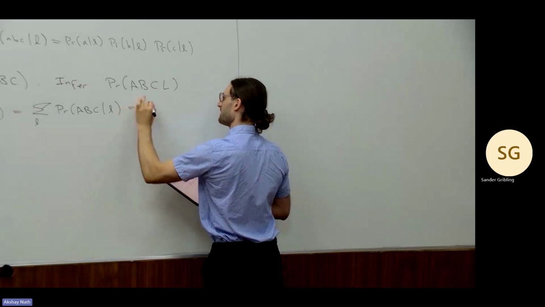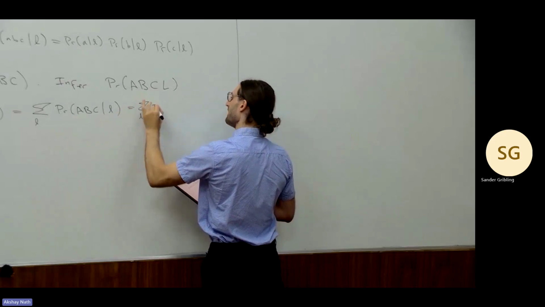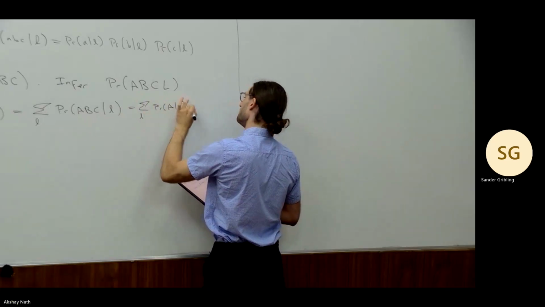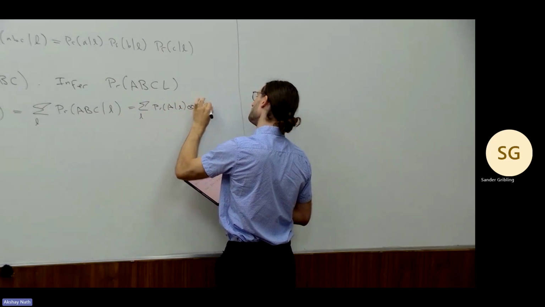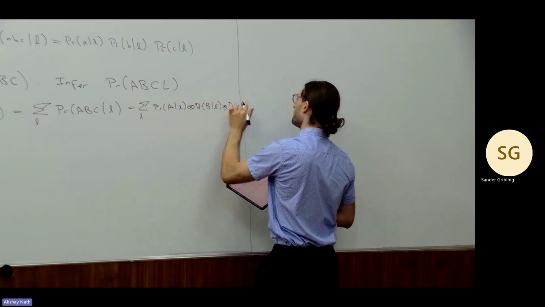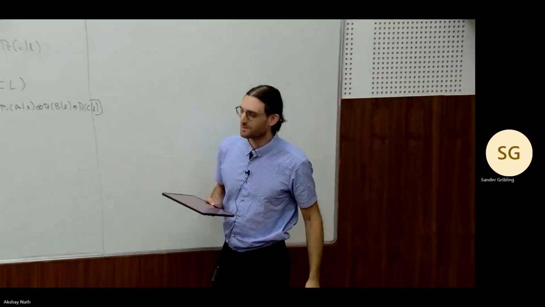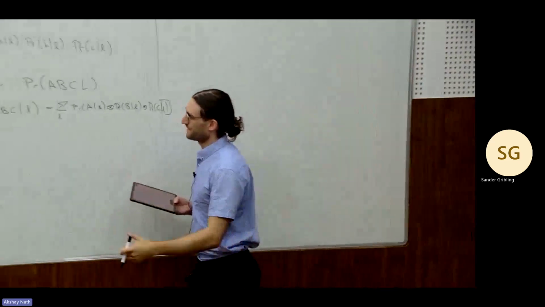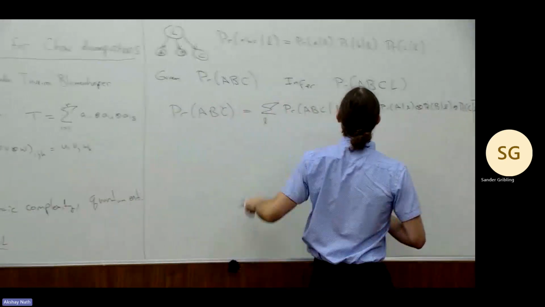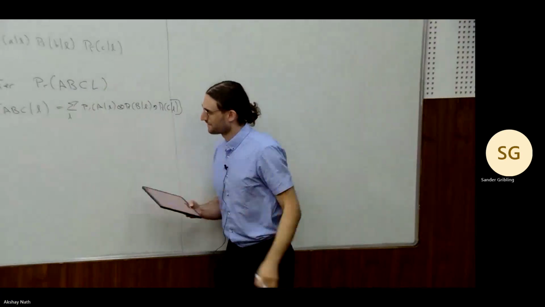What that assumption tells you is that the joint probability vector is a product vector: the probability of A given L, the probability of B given L, and C. Because the tensor product's ijk entry is the product of the three, and here the ABC entry is the product of the a entry, b entry, and c entry.